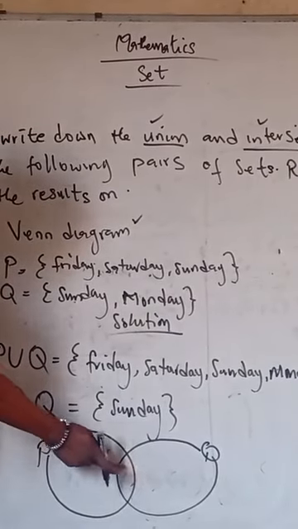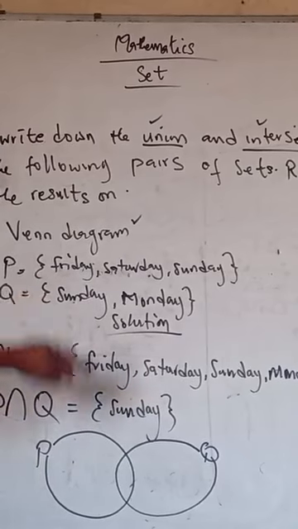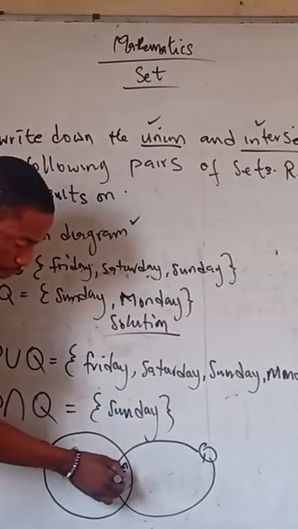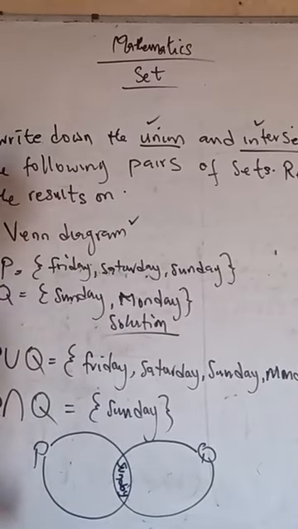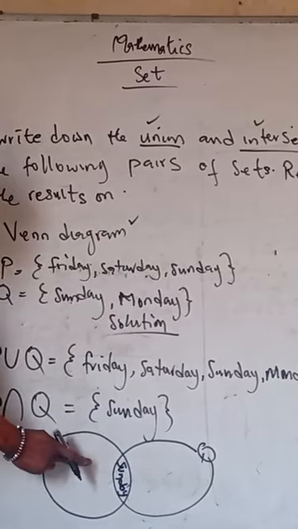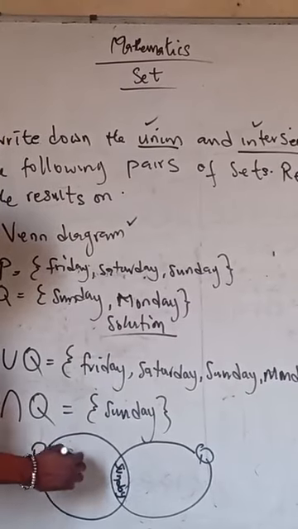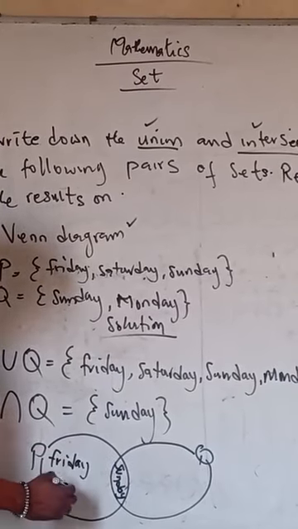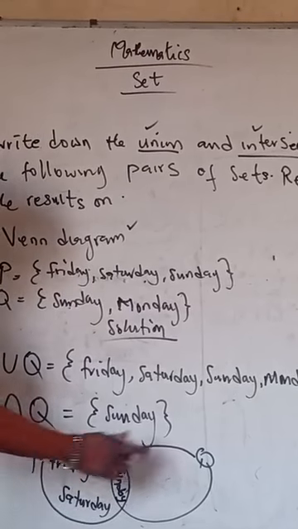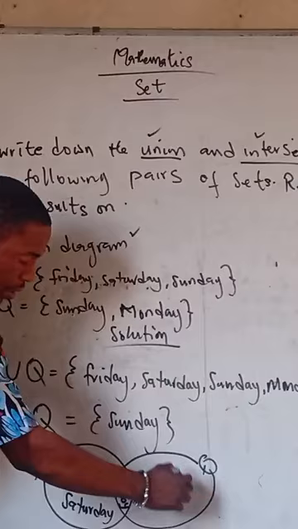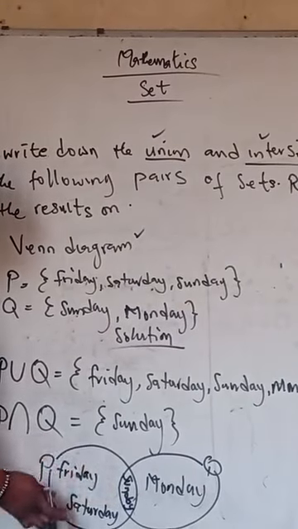Sunday will be here because Sunday is the intersection, the only element we can see in P and Q. Here you have your Friday, Saturday, and here is your Monday. You see now? Friday, Saturday, Sunday, Monday.